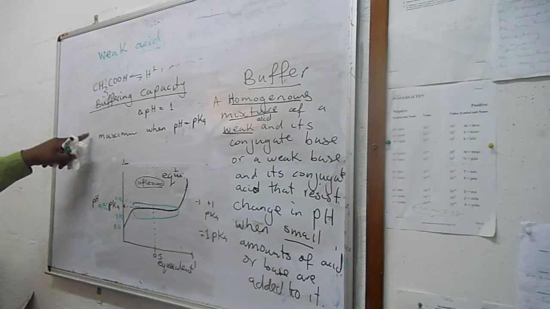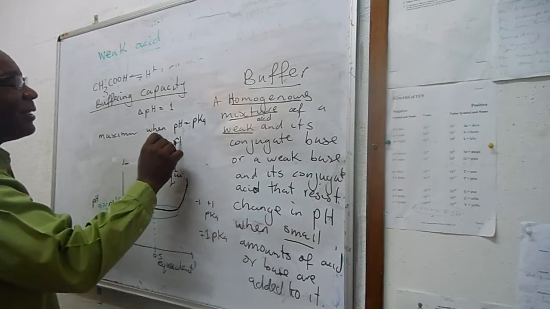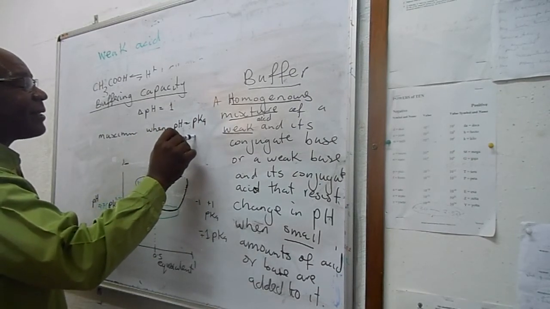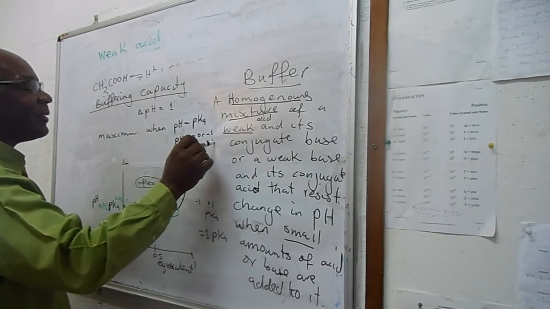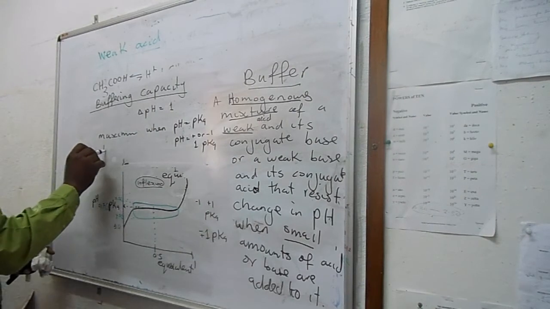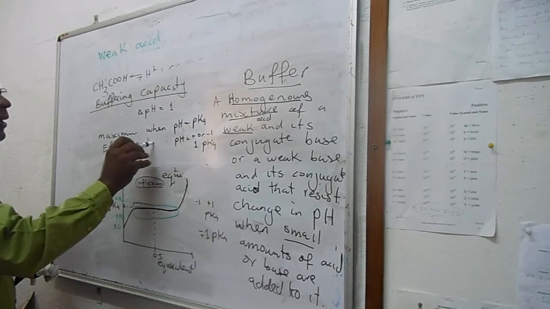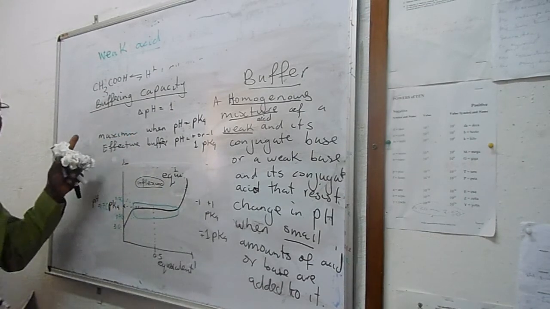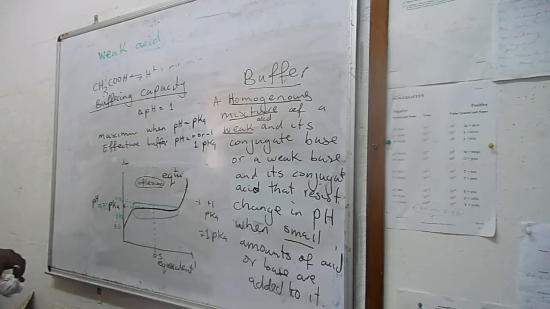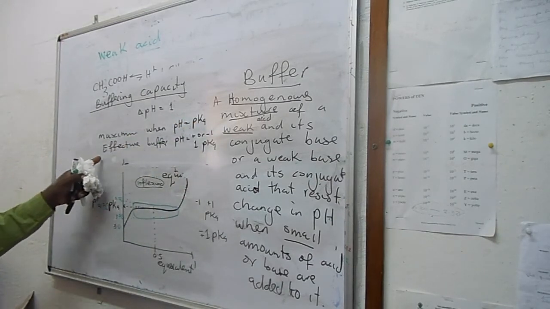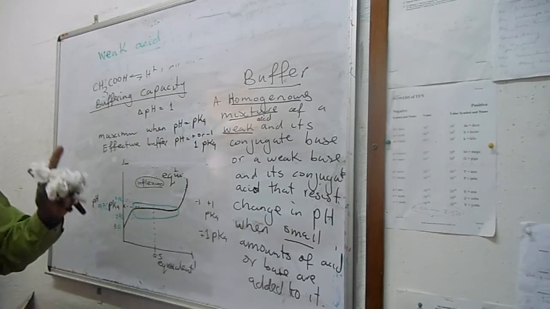However, the buffer can still work when pH is equal to plus or minus 1 of the pKa. It's still effective. Okay. Optimum buffering capacity is when pH is equal to pKa. The buffer still remains effective if pH is 1 unit above or 1 unit below the pKa.